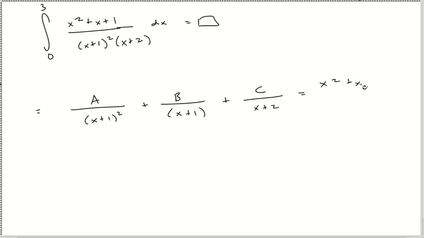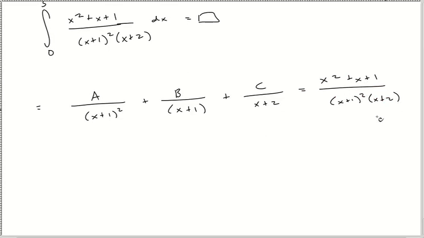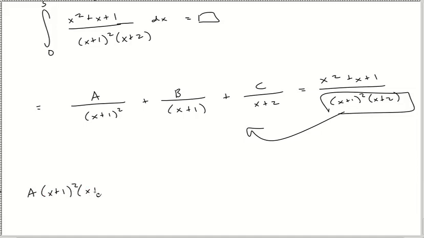So x squared plus x plus 1, all divided by x plus 1 squared, and then x plus 2. So this equals that. Go ahead and solve. When I take this and multiply it over here, what I get is A times, and I'm going to do it the long way once. I really hope that you've seen this before because I do not want to do it the long way every time. It is so not friendly.